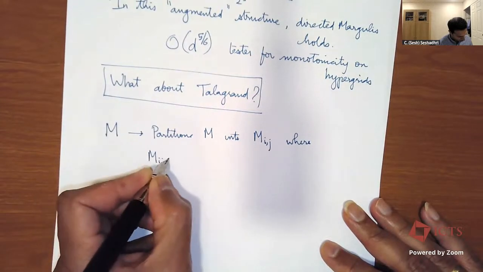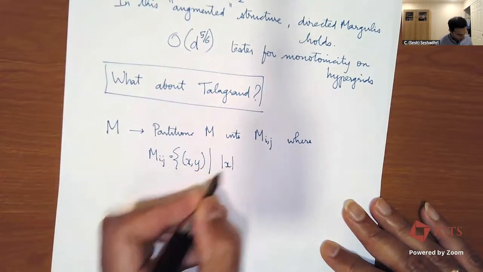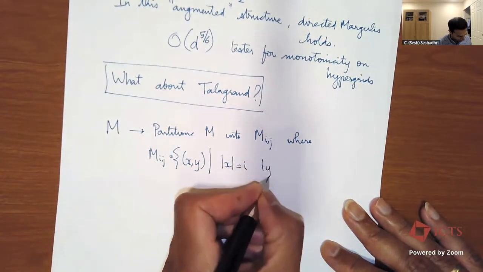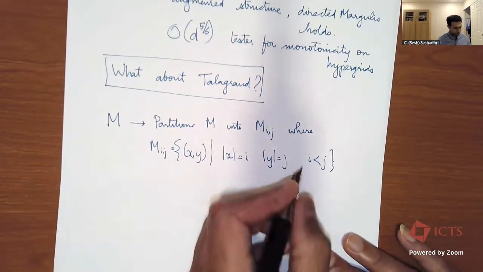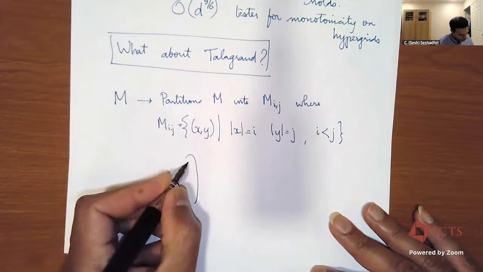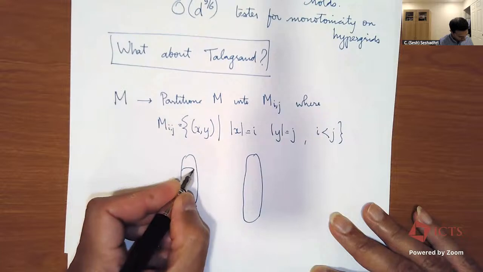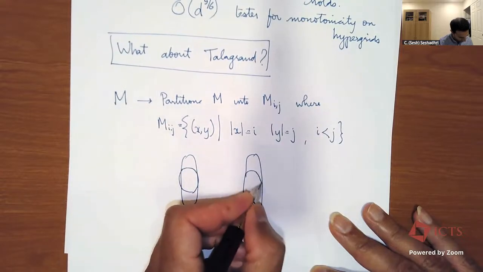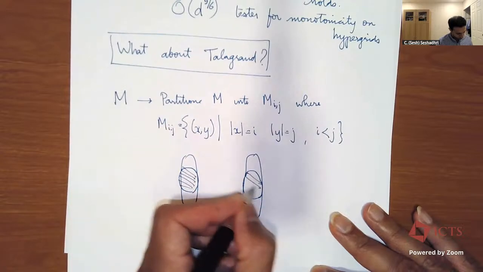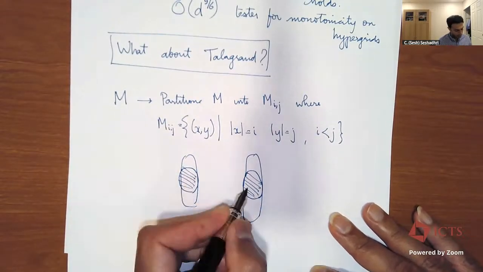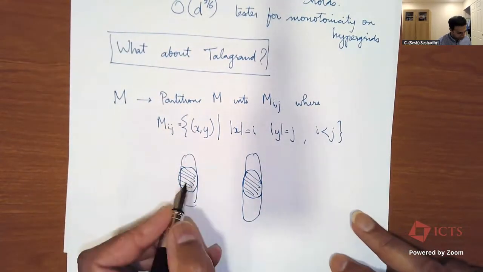M_ij is equal to all pairs xy where the Hamming weight of x is i and the Hamming weight of y is j. So what this is saying is I'm basically taking two levels of the hypercube and finding some subset here. And there is a matching between these two things, right? Basically, I'm just partitioning the matching into these.